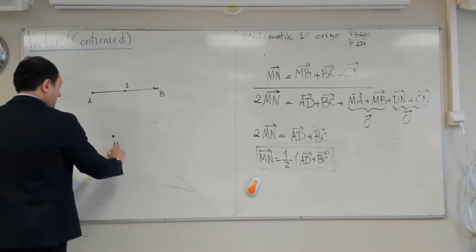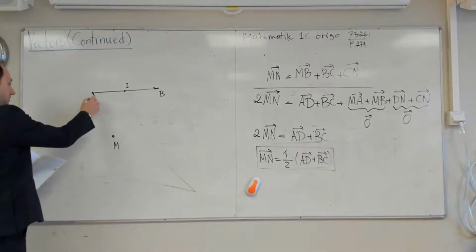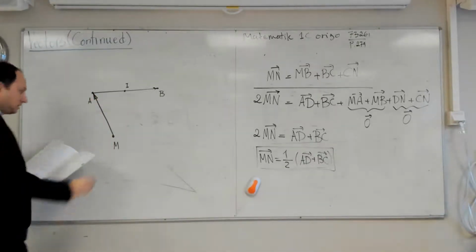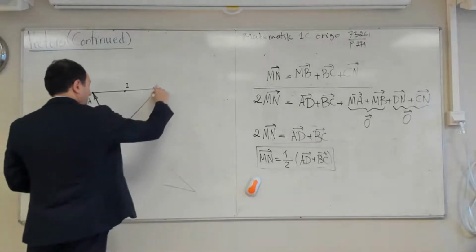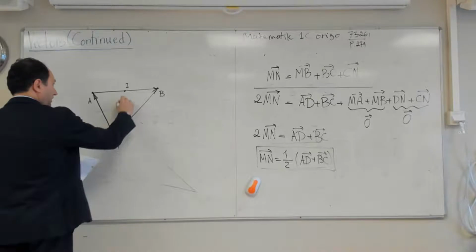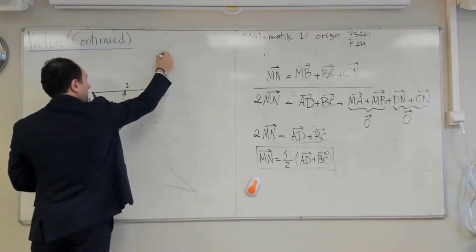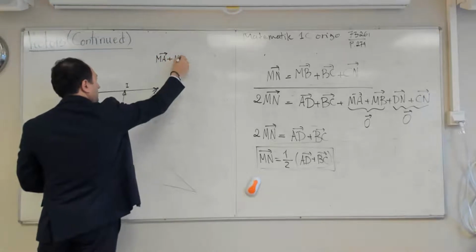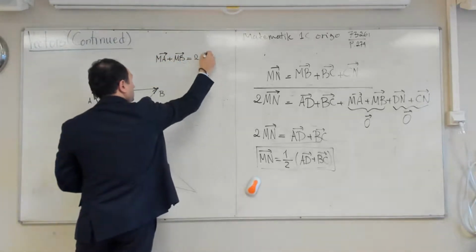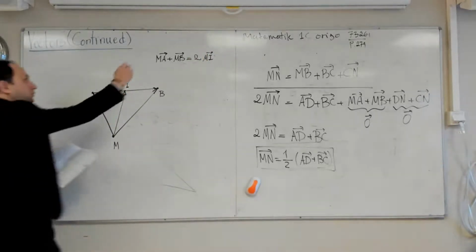You can check, for example, take it here. We want to show that vector MA plus vector MB is 2 times vector MI. This is what we want to show.